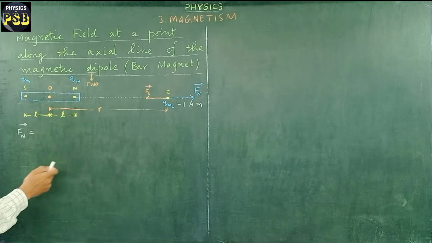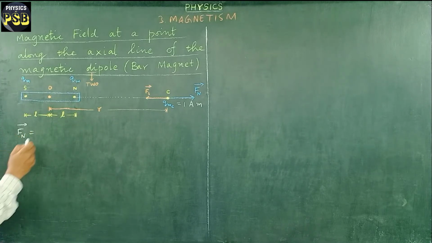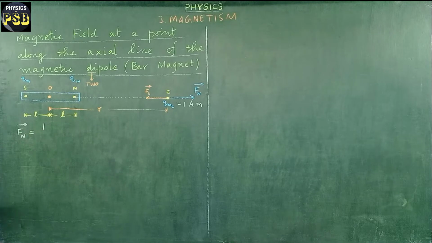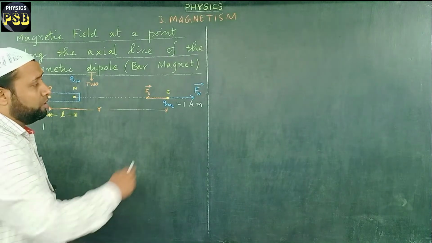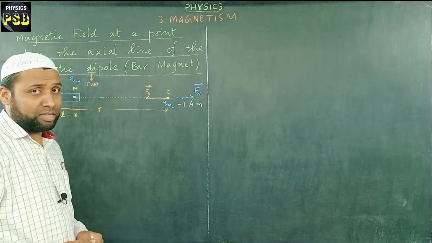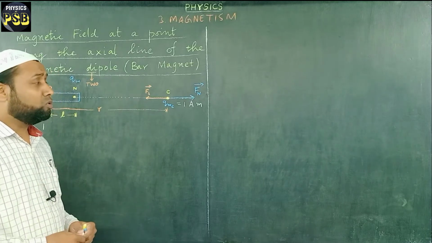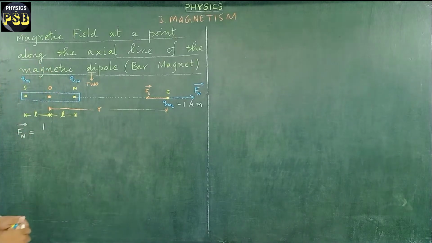And what does it say? It says that force between two poles of the magnet is directly proportional to the product of magnetic pole strengths and inversely proportional to the square of distance between them.